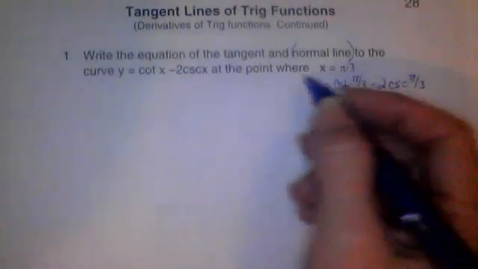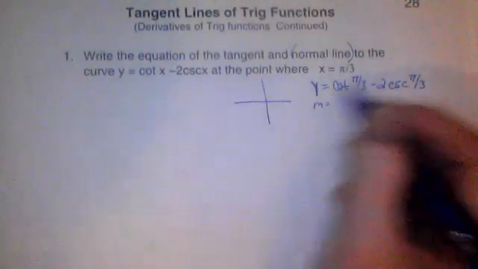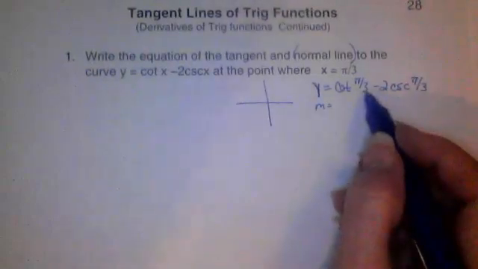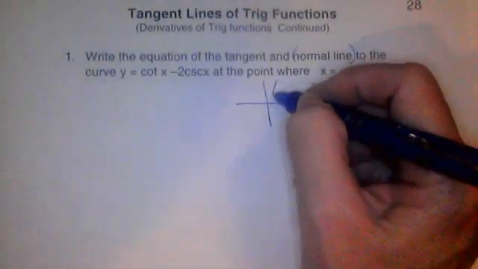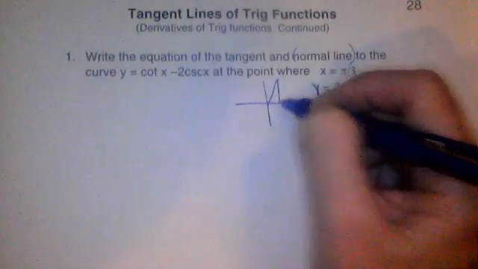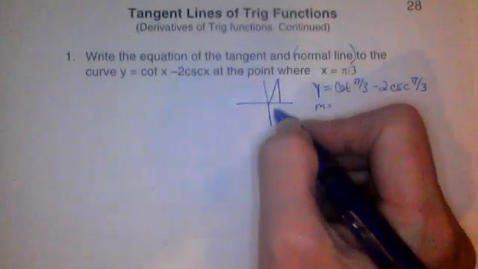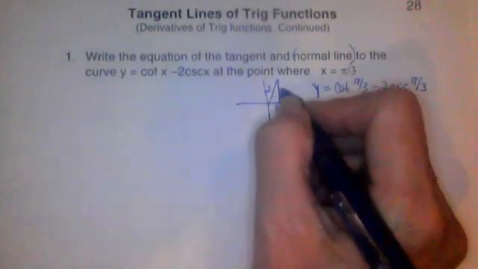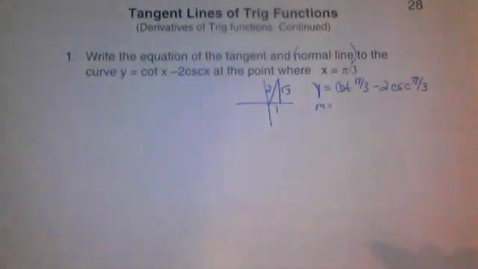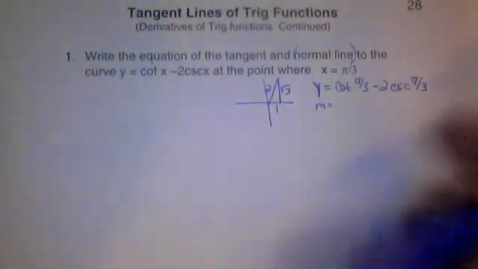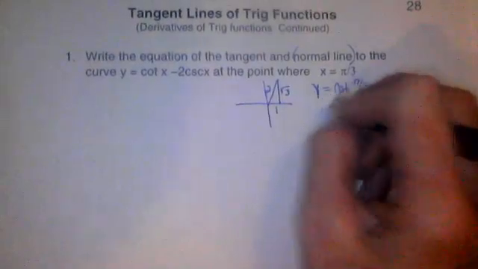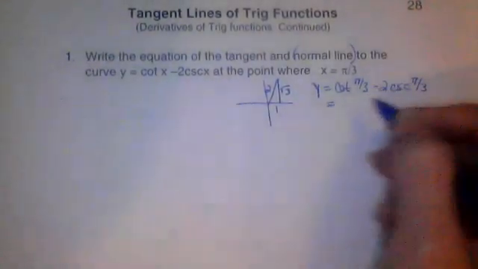All right, so we probably need to look at our chart for pi thirds. Pi thirds is 60 degrees. And so at 60 degrees, we've got 1, 2, square root of 3. And so let me erase this m. We'll get to that in a minute. So we're going to plug that in here.